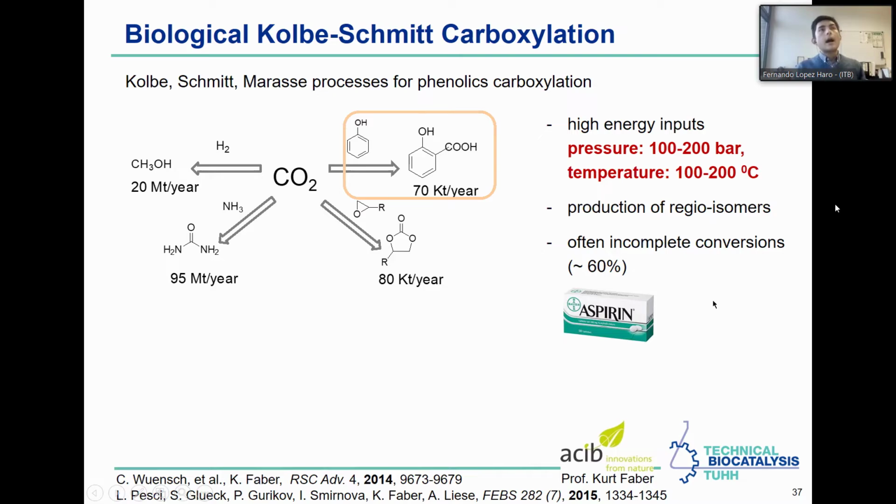So the annoying part of this is that nature does this same process without requiring high pressures and high temperatures. If you go back to plants, for example, plants take up carbon dioxide from the atmosphere, and they can produce alcohols, or they can produce urea themselves. It is frustrating because they do it at ambient pressures and ambient temperatures.